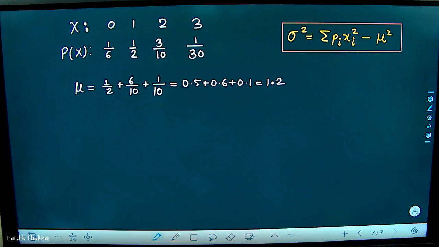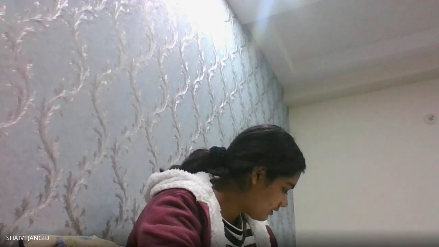Yes, I think it will be better to calculate the probability. Should I solve this on the board or are you trying this? Seventh. So I'm solving it once.